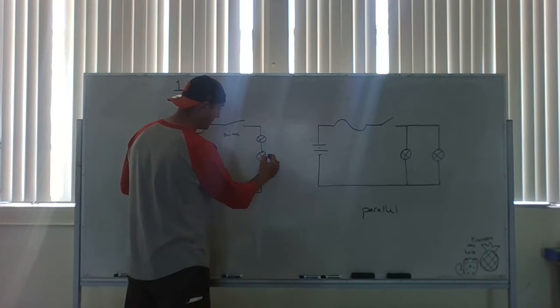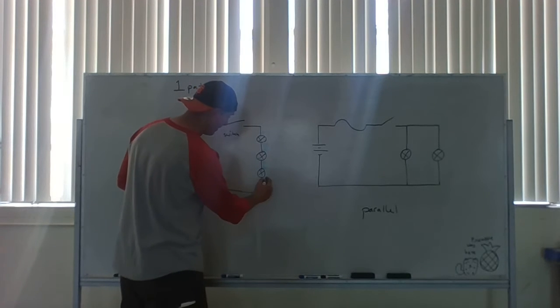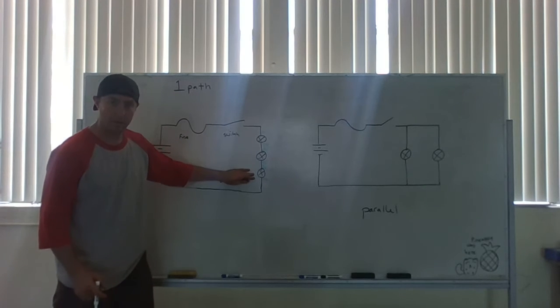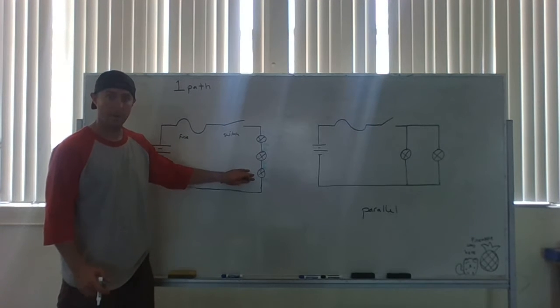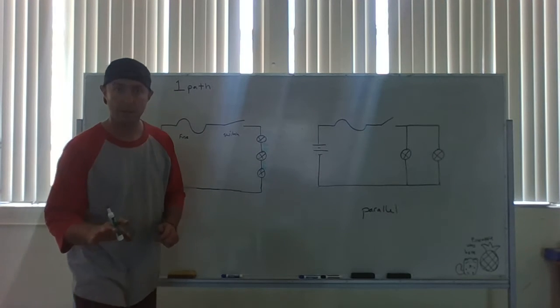I'll have 9 volts here. I'll have 6 volts here. Oh, no, it's going to drop by 4, my bad. I'll have 8 volts here. I'll have 8 volts here, I'll have 4 volts here, 4 volts here, and I'll have 0 volts there. And so it's just cutting it into a third every single time, because I have 3 lights there that are all the same.